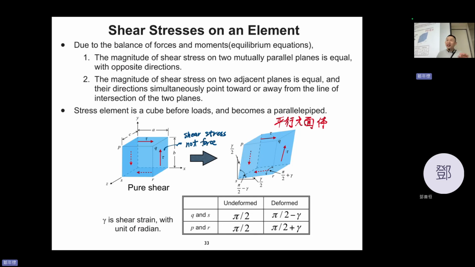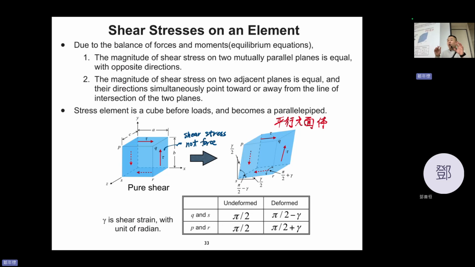Radian is more of a ratio. Imagine that you have pi, 2 pi. If you have half pi, it's actually a ratio, which means that you have a circle and you only go through a quarter of it. All right. So the gamma in radian is also a ratio.